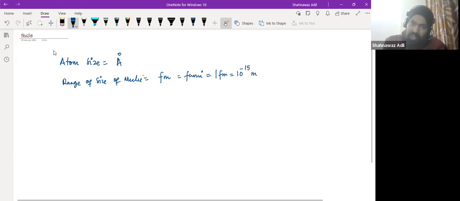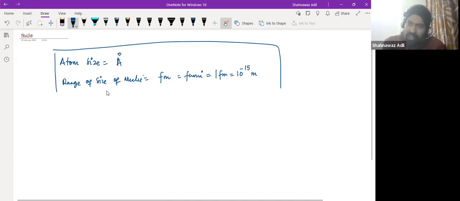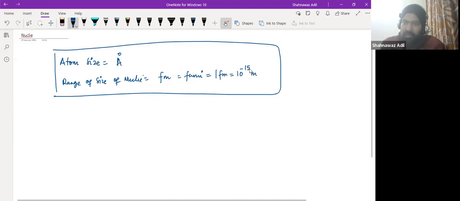So this is 5 orders smaller than the atomic size. Atomic size is 10 to the power minus 10 meter, but the nucleus size is 10 to the power minus 15 meters. So that is much smaller than 10 to the power minus 10 meter, right?